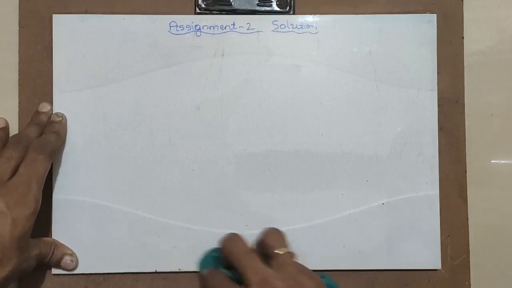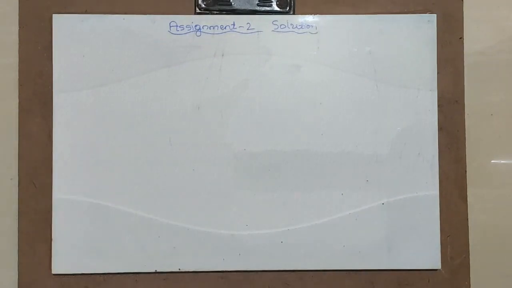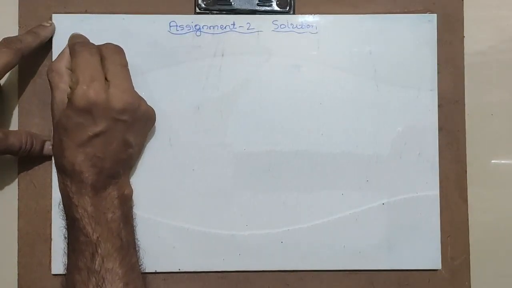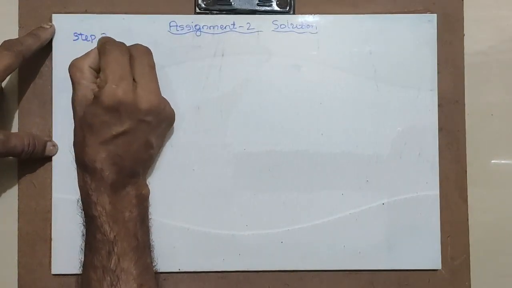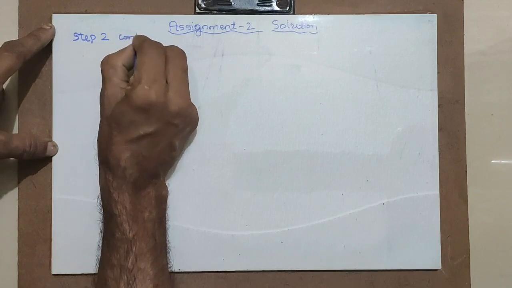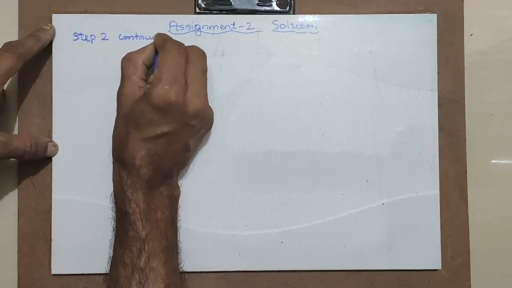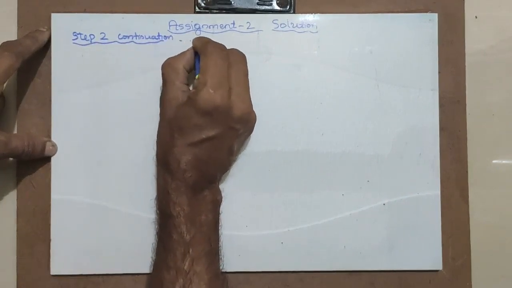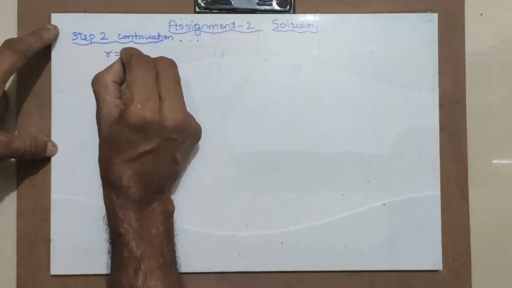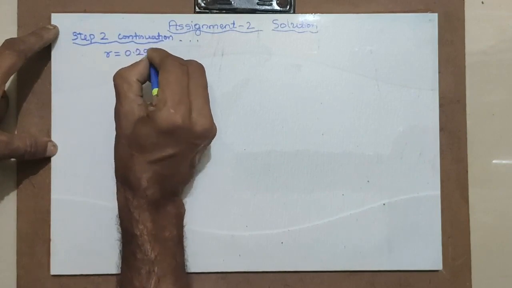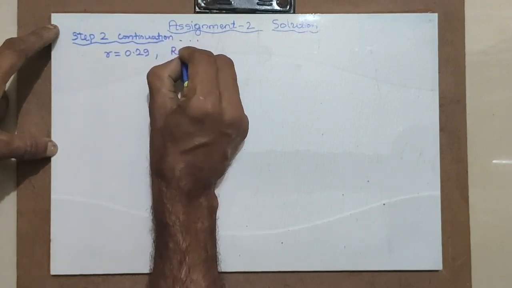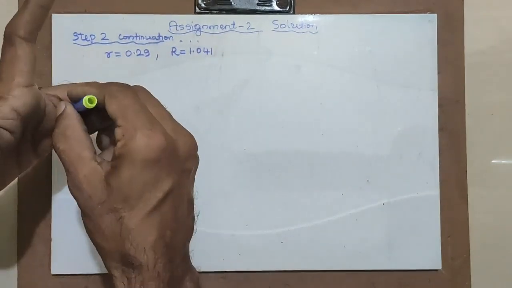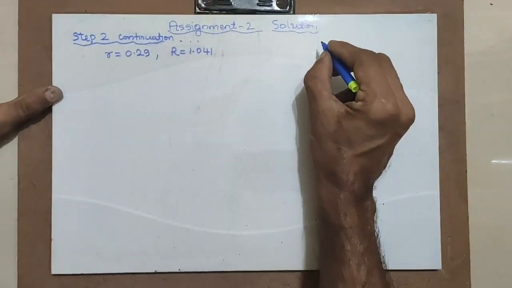Okay, now step 2 continued. From the previous thing, r is equal to 0.29 and the big R is equal to 1.041. Actually this is the pole position.